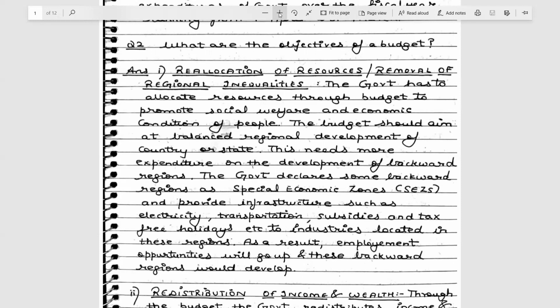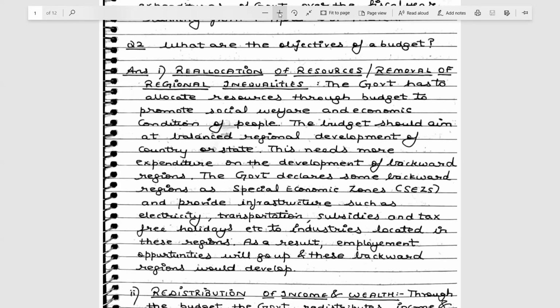It should not happen that some states are given more priority in terms of development and some states are given lesser priority. Also, the budget needs more expenditure on development of backward regions. When we talk about how to allocate funds, we need to take into account the backward regions in the economy which need more development, and more development means more expenditure.